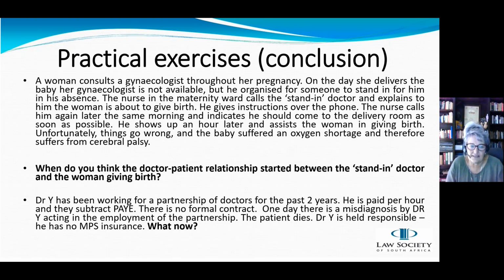So that's an oversight of the partnership. They should have checked that Dr. Y had insurance when they started using him in their partnership. So the end result will be that the spouse of the patient who died will be able to sue Dr. Y plus all the partners in the partnership in their natural capacity.